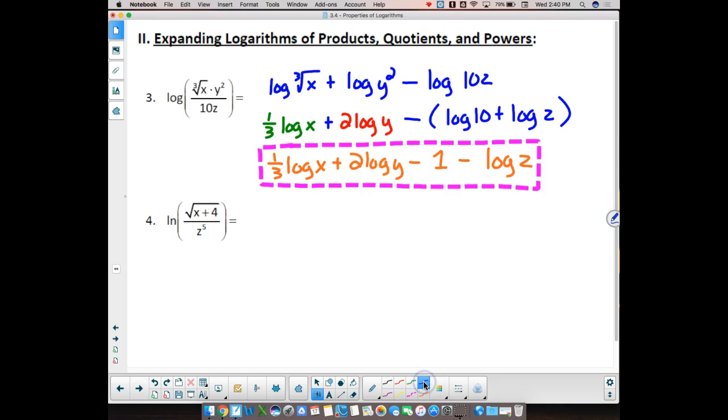The fourth one would be the natural log of the square root of x plus 4, then minus the natural log of z to the 5th.